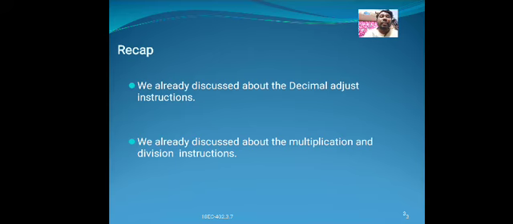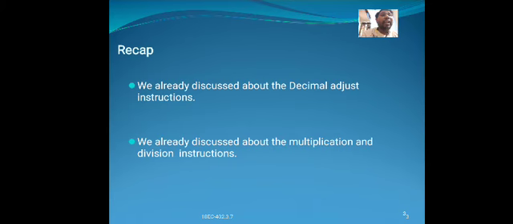In the previous classes, we discussed different data transfer instructions, arithmetic instructions, decimal adjust instructions, add with carry instructions, and addition, subtraction, division and multiplication operations. This discussion is completed in the previous classes.